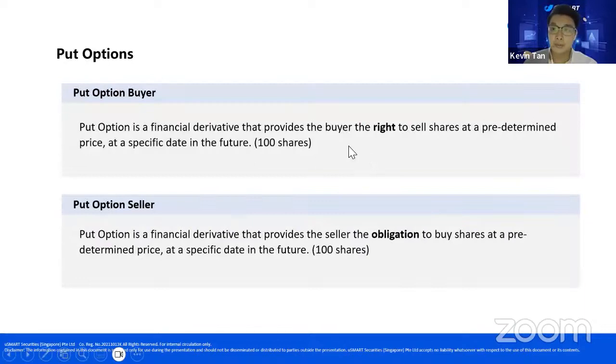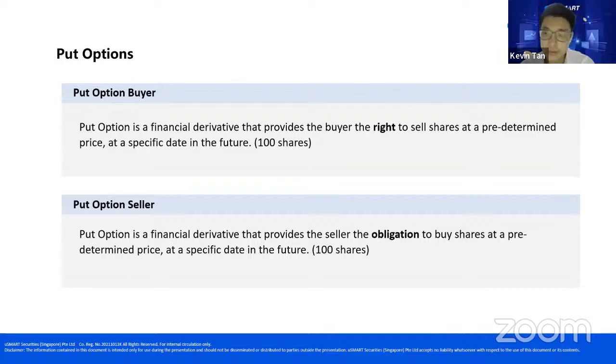A put option is a financial derivative which provides the buyer the right to sell shares at a predetermined price at a specific date in the future. Typically, a put option contract is for about 100 shares.